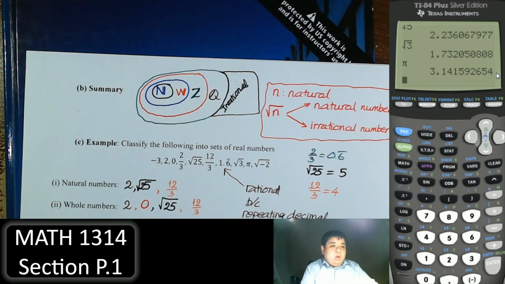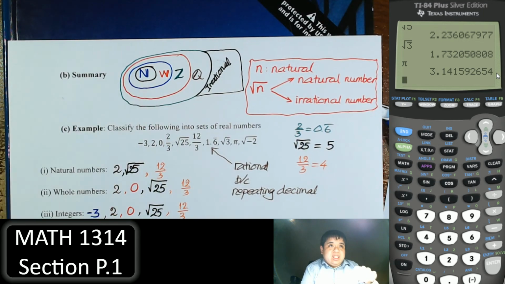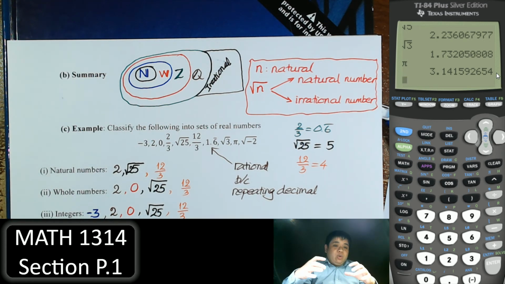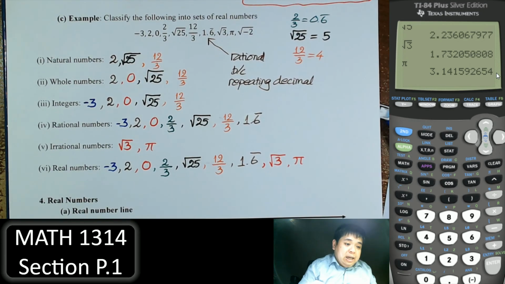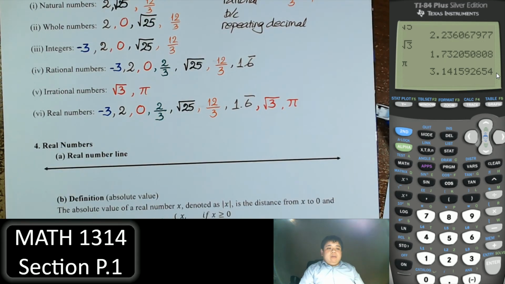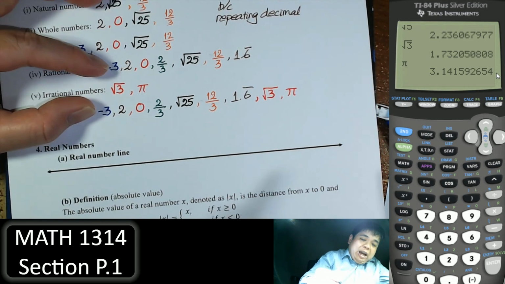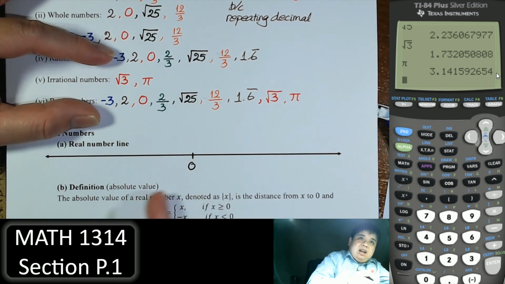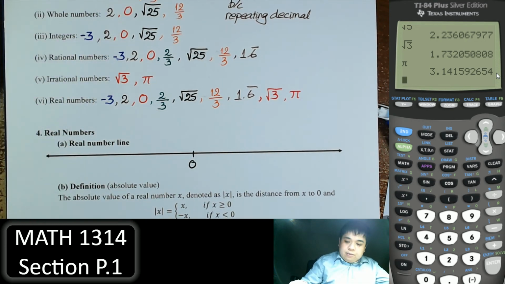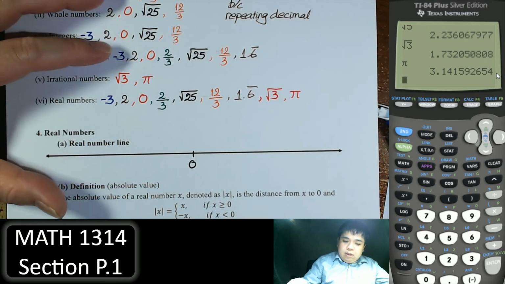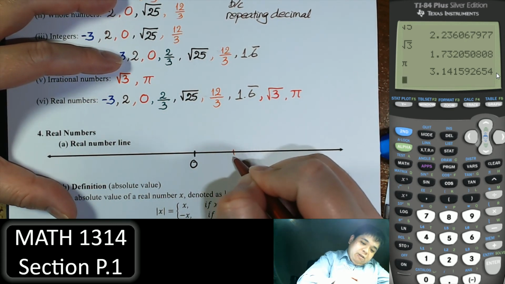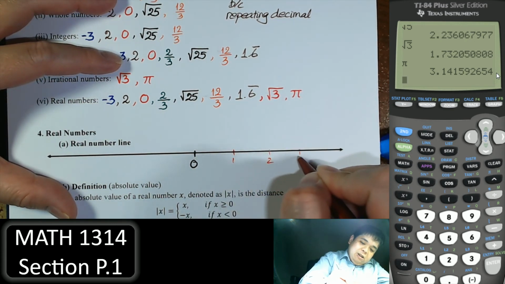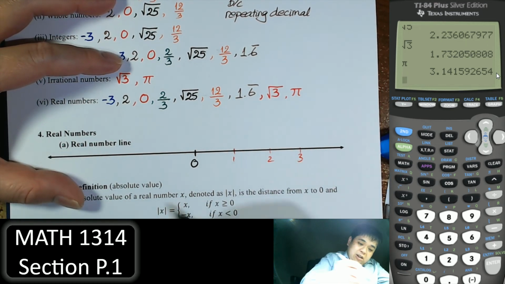Notice that once again, natural numbers are inside the whole numbers, inside the integers, inside the rational numbers. Irrational numbers are outside of that. But rational and irrational together are the set of real numbers. Talking about real numbers, usually we represent them by the number line, where we have 0 in the middle, positive on the right hand side, negative on the left hand side.